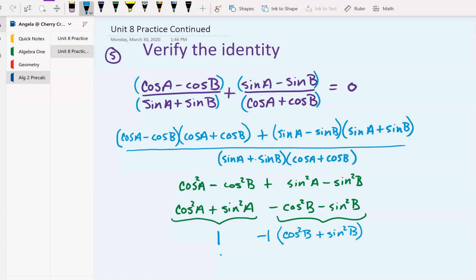That's going to be really nice here, because now in the numerator I'm going to have 1 minus 1 times 1.